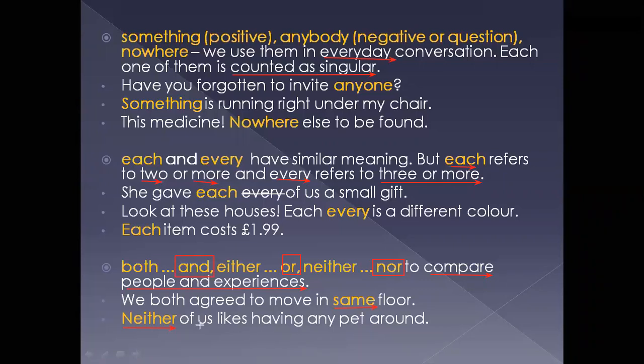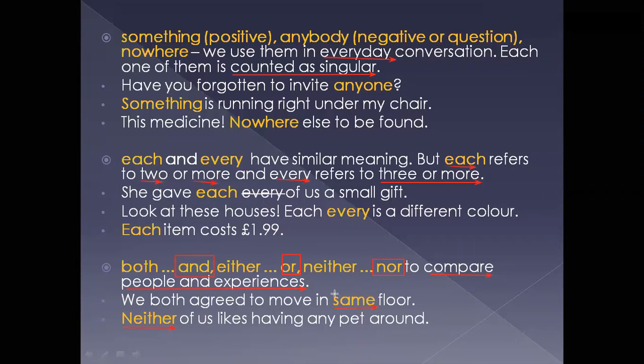But if you mention those two things, for example, both of us, Sarah and Fatima, or them and us. In this case, if you bring up the specific group or subject to compare, you're going to use and, or if it's negative, you're going to use nor, okay?